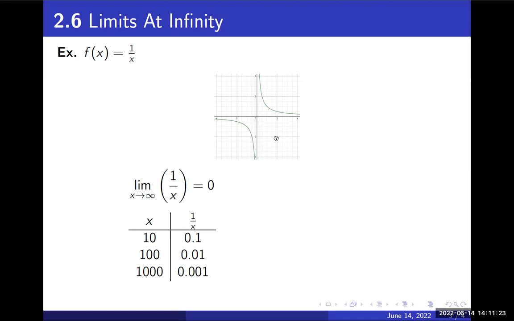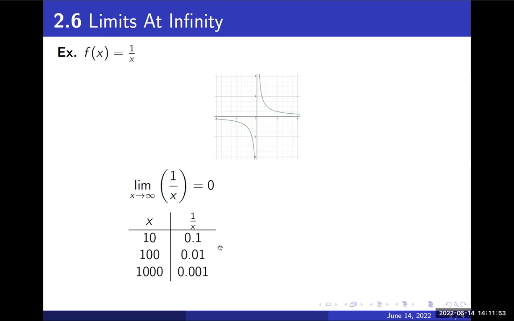That x value, that denominator, is getting bigger and bigger. If the denominator is getting bigger and bigger, that means we're dividing by larger and larger values. If we're always dividing by bigger and bigger values, then the value of the entire thing is getting smaller and smaller, in the sense that it's shrinking down to 0.